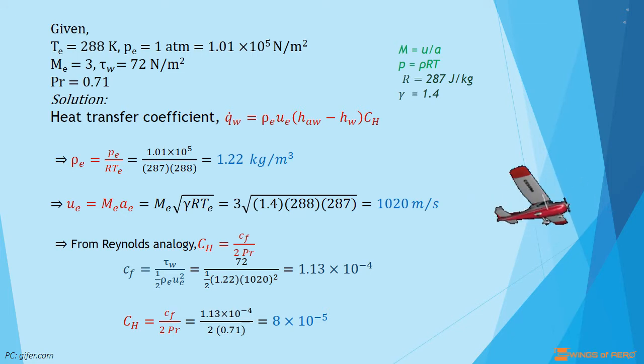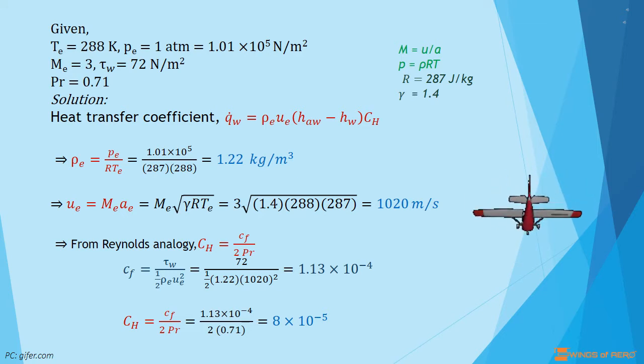Find CH. From Reynolds analogy, the Stanton number CH is a function of the Reynolds number and Prandtl number. It is one of several different types of heat transfer coefficient that is used in the analysis of aerodynamic heating. It is a dimensionless quantity. We can write CH is equal to CF divided by 2 into PR, where CF is the skin friction coefficient and PR is the Prandtl number.